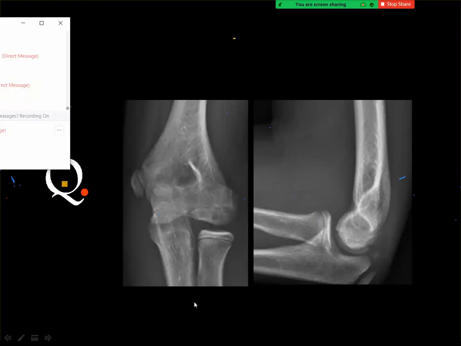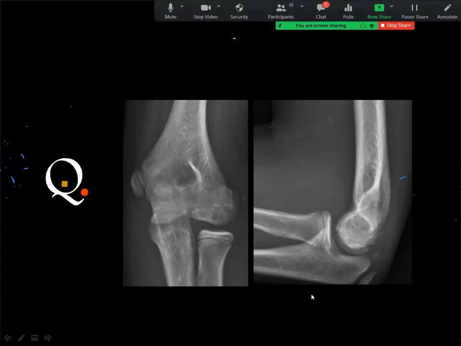Okay, you know, in the pediatric age group, interpretation of the elbow X-rays is very difficult, and you need the opposite elbow to compare because of the great number of ossification centers that have not yet united. This is the normal appearance of the olecranon ossification center, and this also, but the abnormality is here in the capitulum.